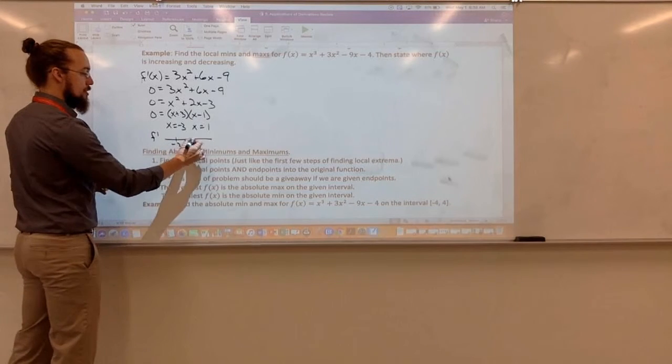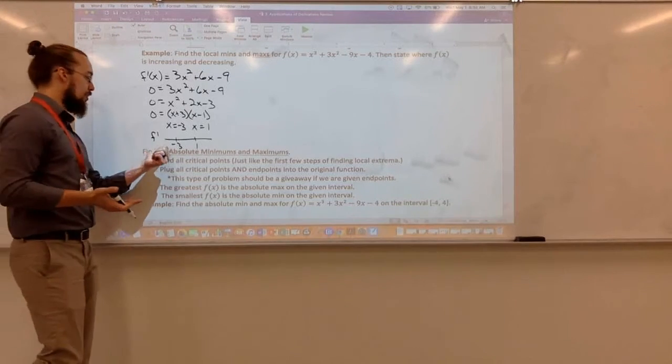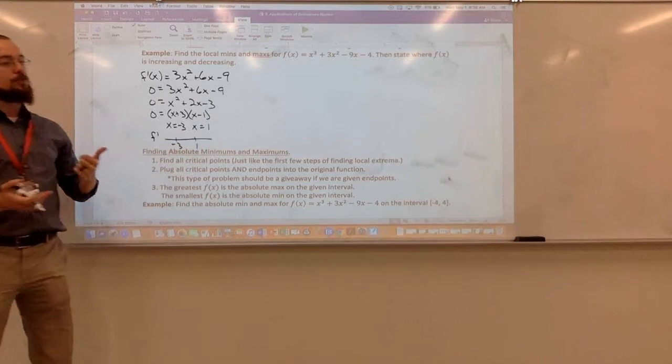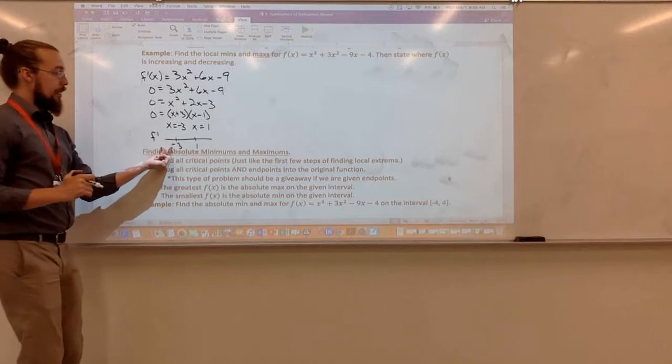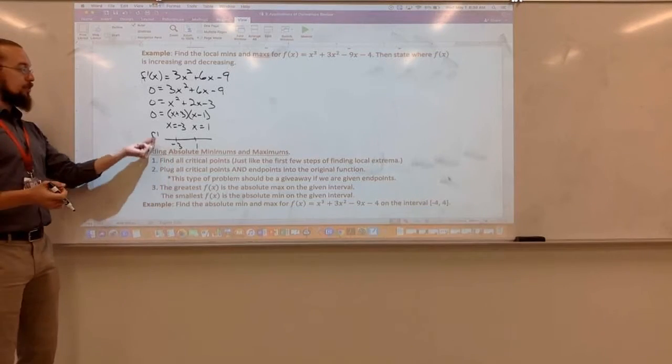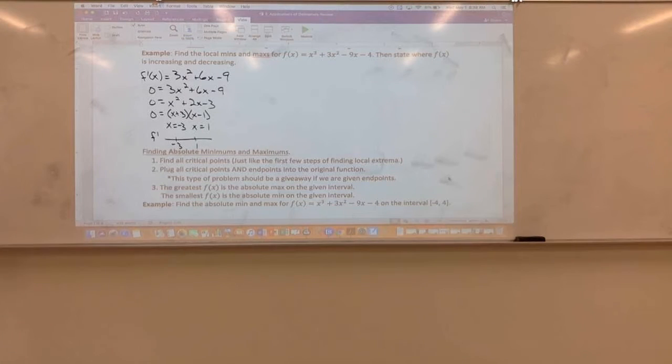Put those on a sign chart. Always label your sign chart. Right? So here we care about the first derivative sign chart. And then plug a value on each of these intervals into the derivative. So you can plug negative 4 in, and usually it's easier if you have a factored form or a simplified form to plug it into that version. Right?